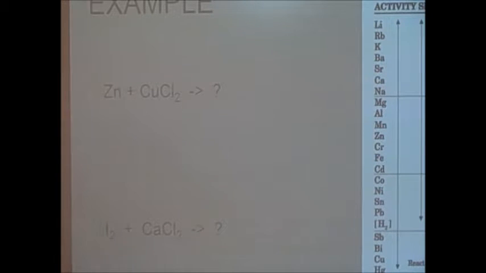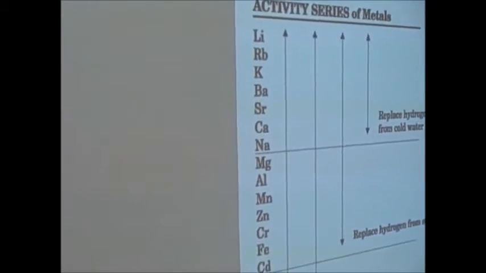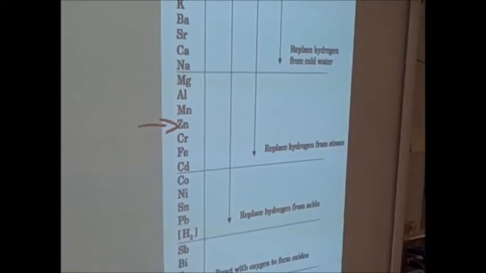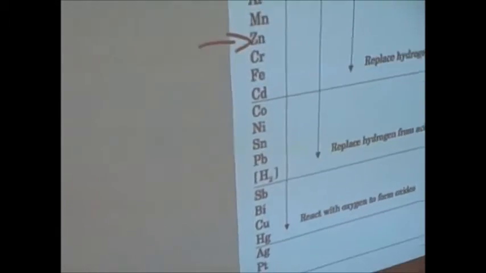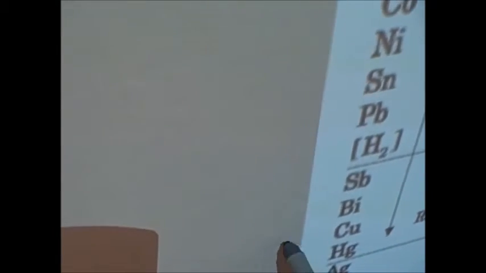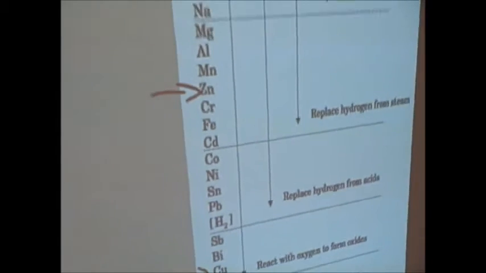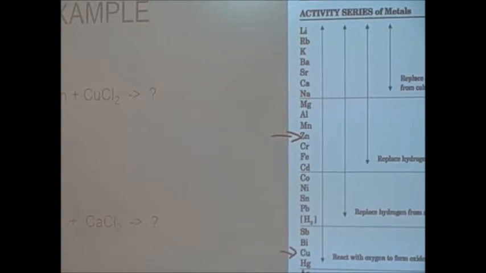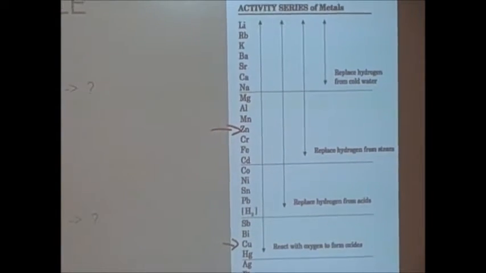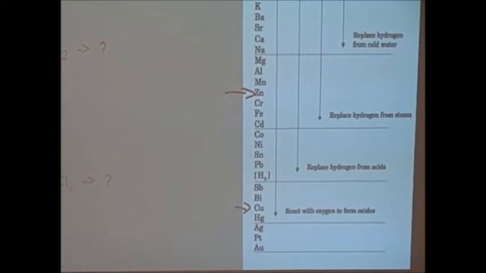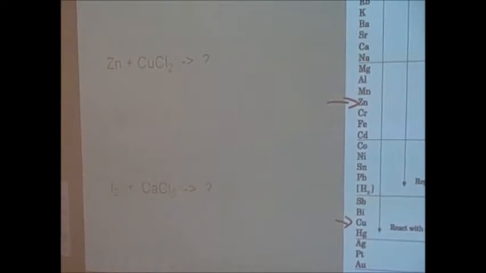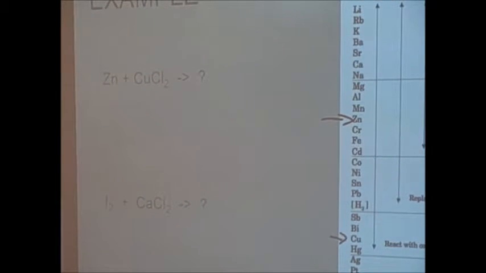On our activity series, we see that zinc is right here and copper is way down near the bottom. So you can see that zinc is definitely higher up on the activity series, therefore it is more reactive. So we are going to have a reaction.